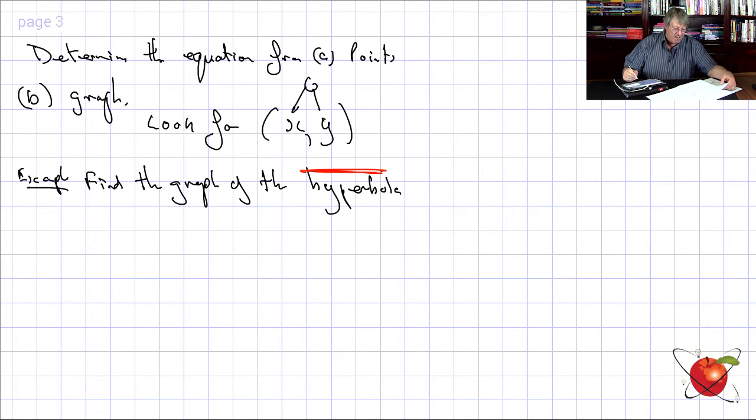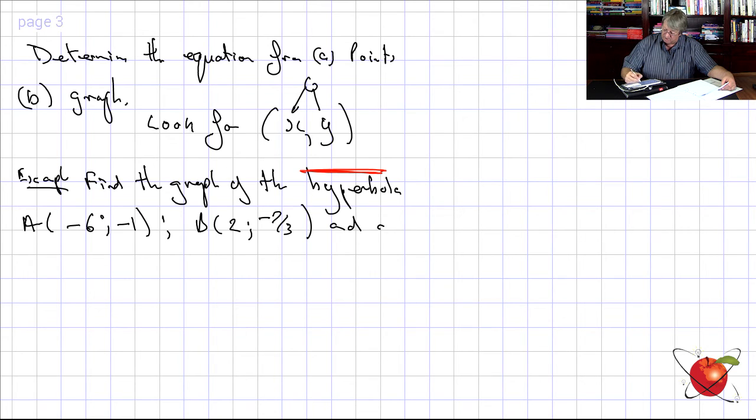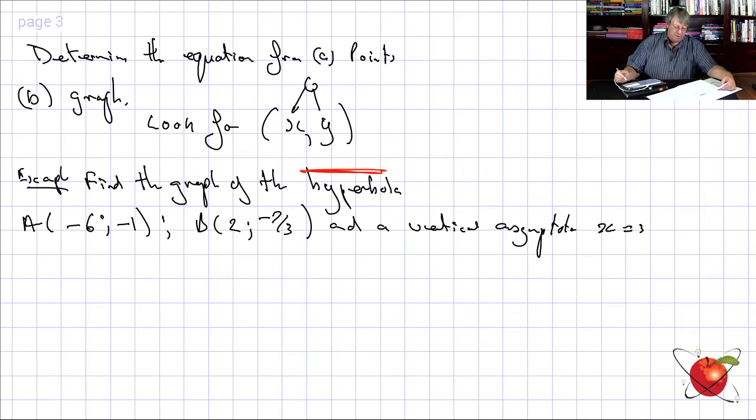Through A, minus 6, minus 1, and B, 2 and minus 7 over 3, with a vertical asymptote at x equals, where did I get it? x equals minus 4. Sorry about that, minus 4.